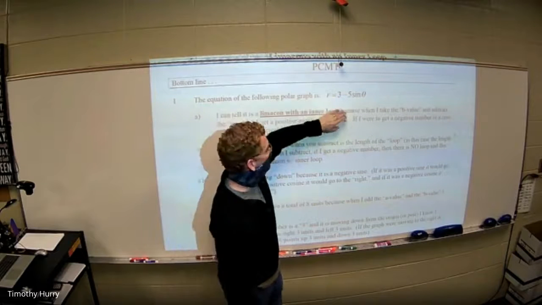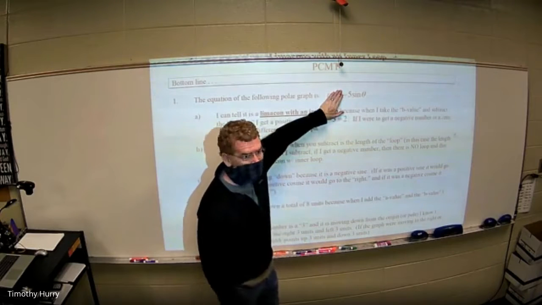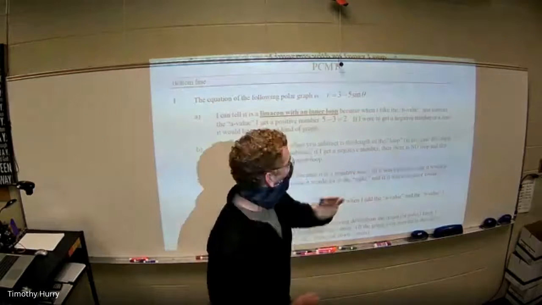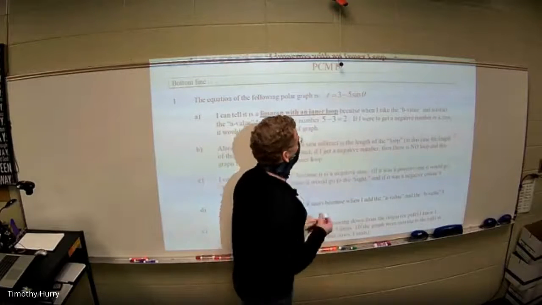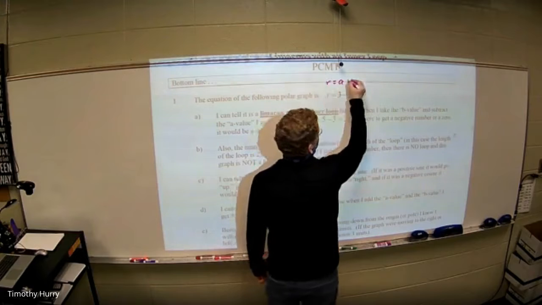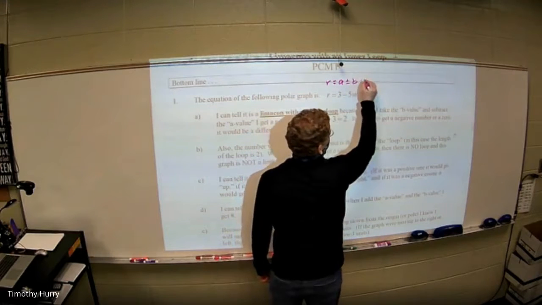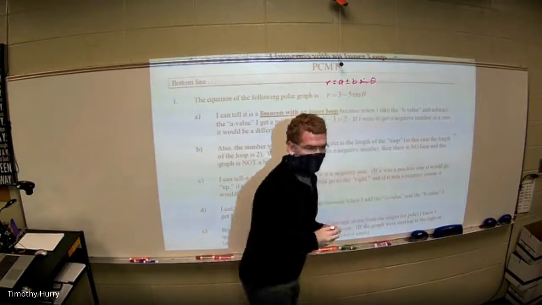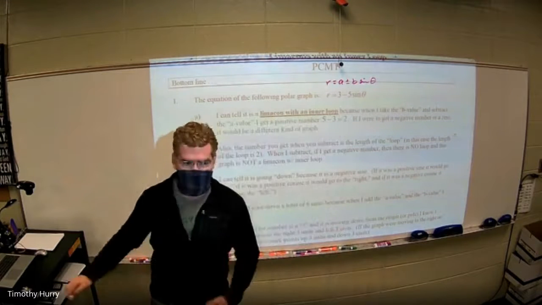So if I start taking away the lead number, it's no longer a limacon. It turns into a rose curve or something else. So if it's in this form, I call this form R equals A either plus or minus B and either sine or cosine of a single theta. If it's in that form, it's in this family.